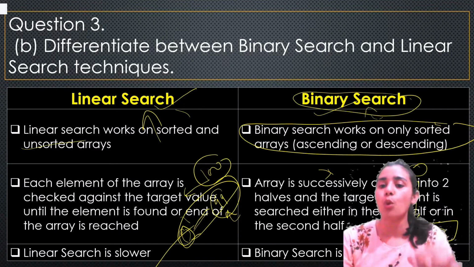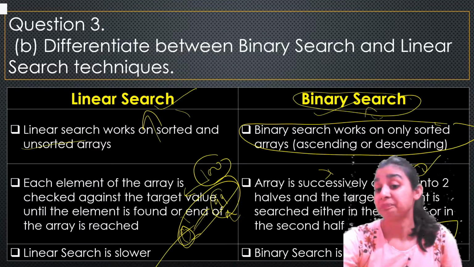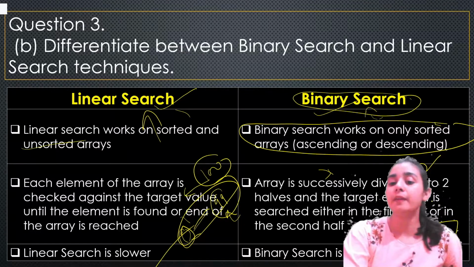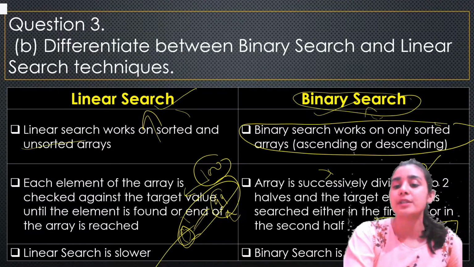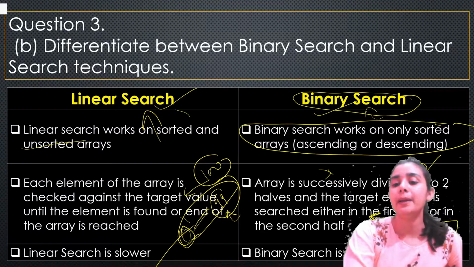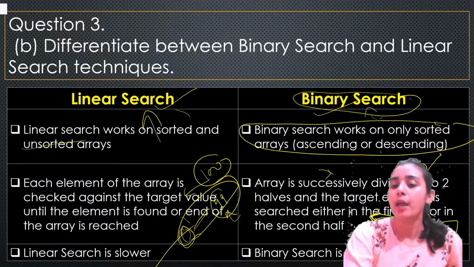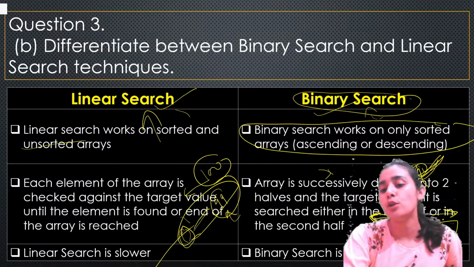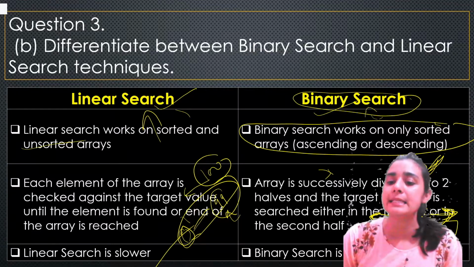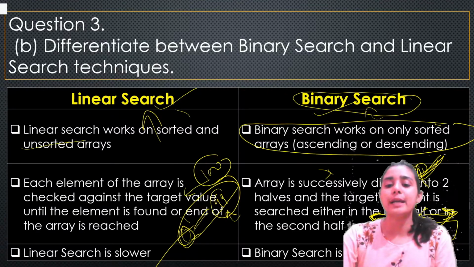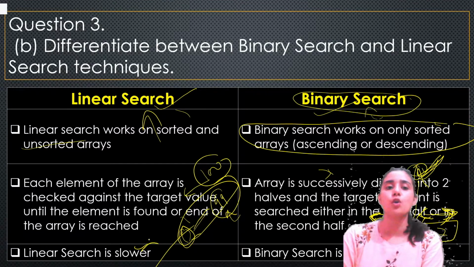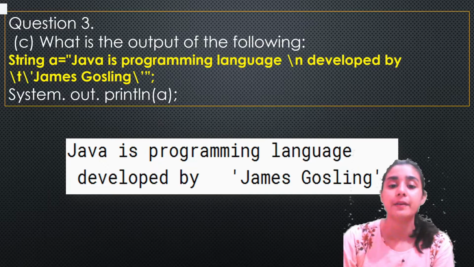If the value you want to find is smaller than the mid, then obviously in the ascending array that value will be in this half only. If that value is greater than the mid, then you will find it in the other half. That time it will be easy, right? That's why it's faster than linear search. So this is all about linear search and binary search.